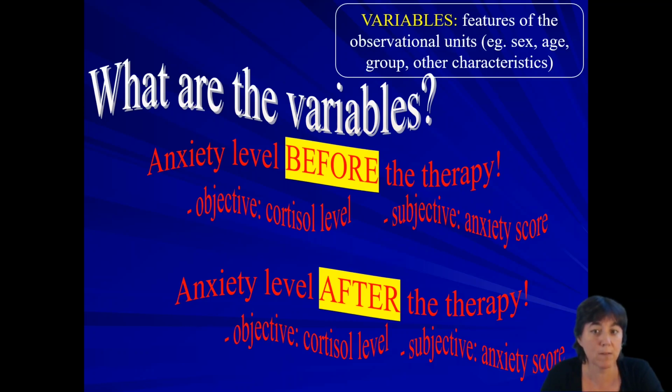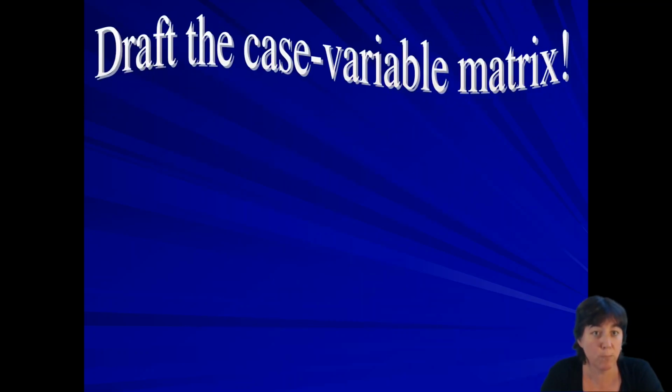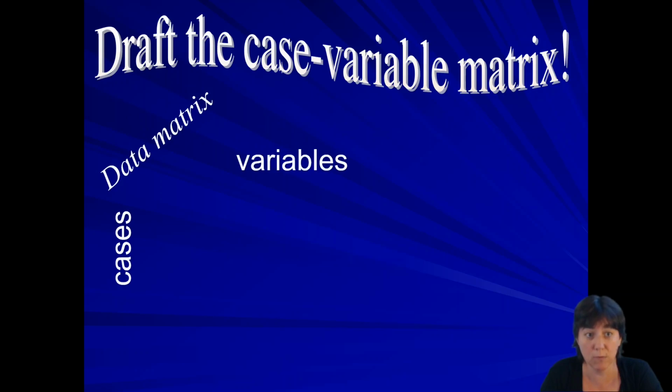But now I'm concentrating on the specific hypothesis I've put to begin with, and it didn't concern any sex differences. So what I'm going to put in my case variable matrix is the cases into the rows.